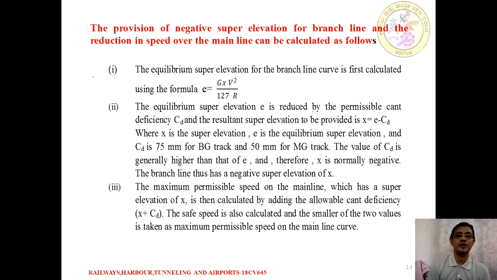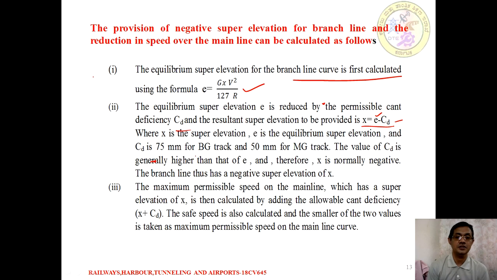The equilibrium super elevation for a branch line is going to be calculated first by using the standard formula, that is E is equal to Gv square by 127 R. Based on that, the equilibrium super elevation can be deduced by using the cant deficiency CD, that is E minus CD, where E is the regular or actual super elevation calculated, minus the cant deficiency provided.